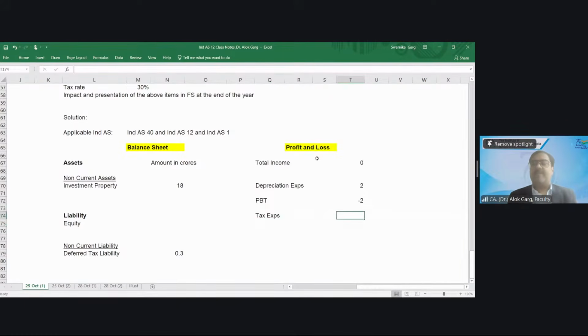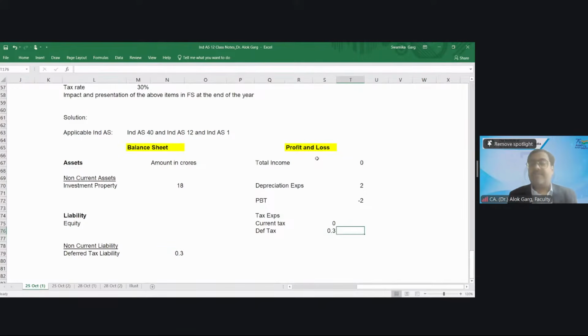Then tax expense. What is my tax expense? Current tax, not aware. Deferred tax. How much is your deferred tax? 0.3. Yes.